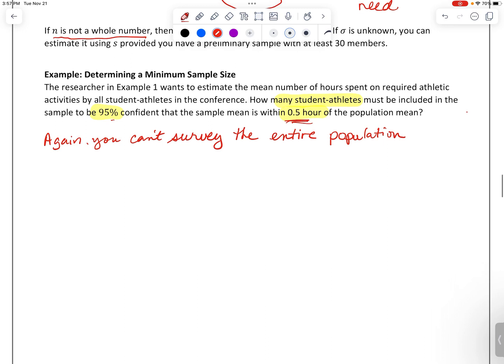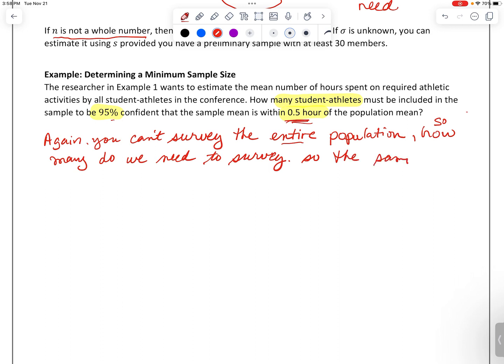So, since we can't survey the entire population, how many do we need to survey for our results to be confident, so the sample can apply to the population?